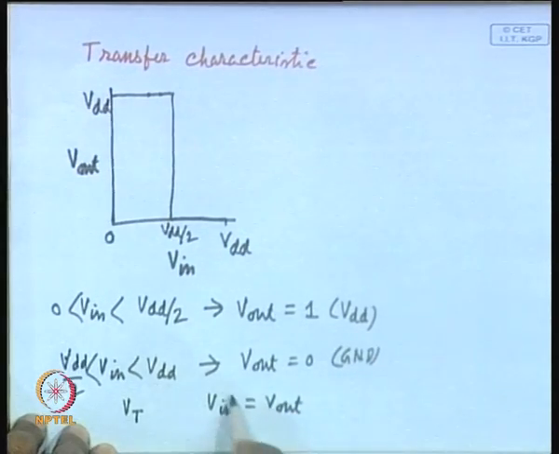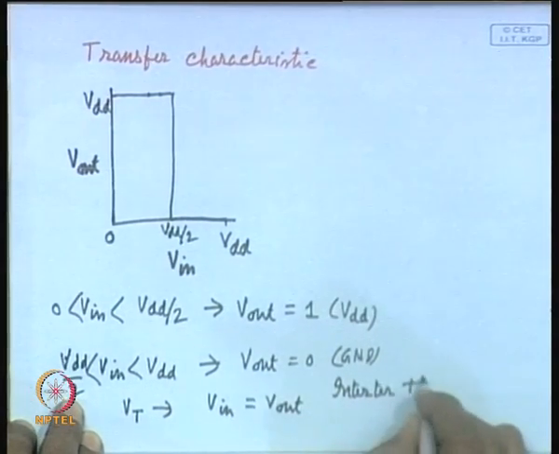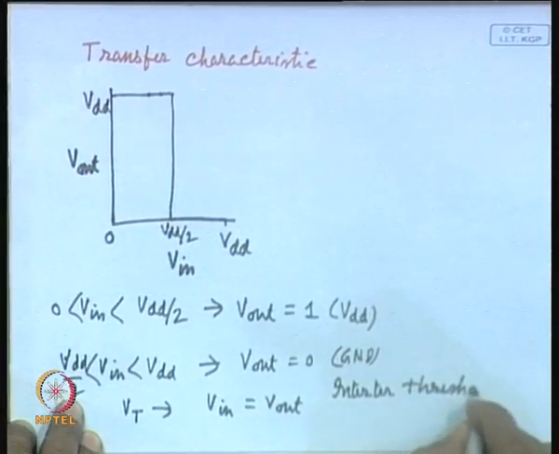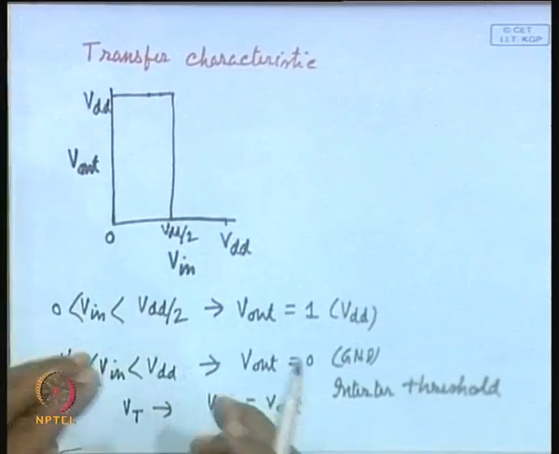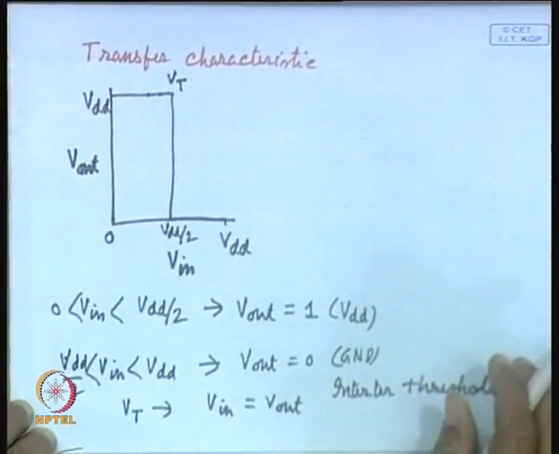That means, when V in is equal to VDD by 2, V out is also VDD by 2, that is the main feature of this VT in the ideal situation. So, VT is the inverter threshold voltage. We have seen a MOS transistor has got a threshold voltage, but here we are defining a threshold voltage of the inverter. So, VT is the inverter threshold voltage, and ideally it should occur at VDD by 2.